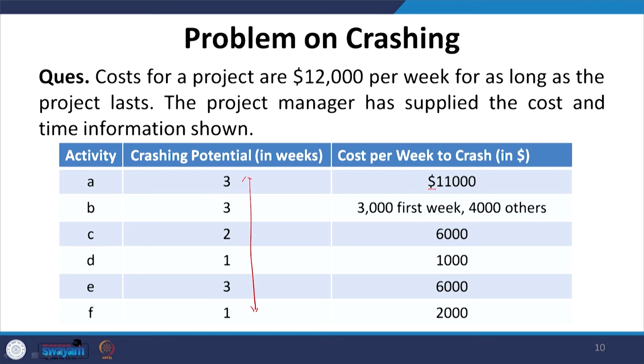And the cost of crashing these activities per week is 11,000 for A. Then for the first week in the case of B it is 3,000, but beyond that it is going to charge you 4,000, and so on for other activities 6,000, 1,000, 6,000 and 2,000. Now, the cost of the project is 12,000 per week for as long as the project lasts. The project manager has supplied the cost and time information as shown below.